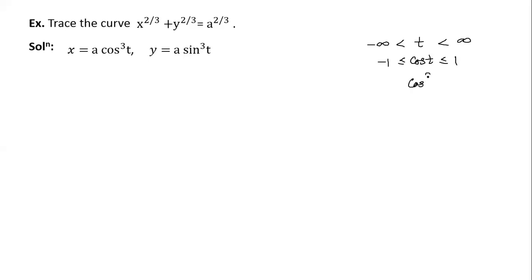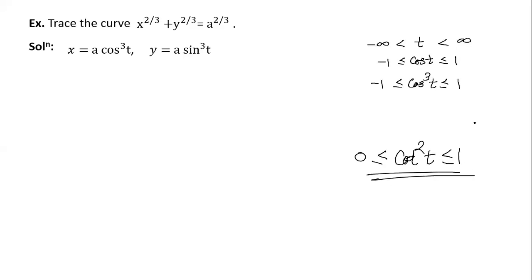Cos cube t will lie between -1 to +1. On the contrary, cos square t is going to lie between 0 to 1. If you are asked what is the range of cos square t, that is not from -1 to 1, that will be from 0 to 1. Remember this. But the range of cos cube t will be from -1 to +1.